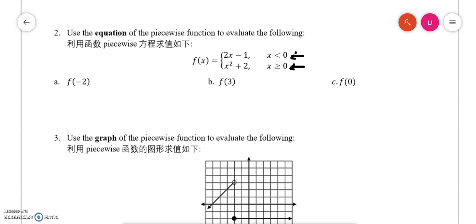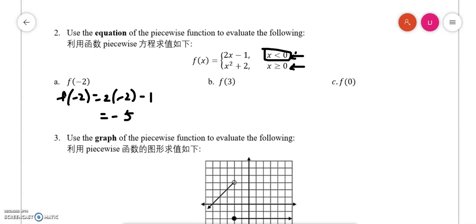We should look at the top part because negative 2 is when x is less than 0. So we will use the top part of the piecewise to evaluate this. And we'll get f of negative 2 is equal to 2 times negative 2 minus 1. So that's negative 4 minus 1, which is negative 5.